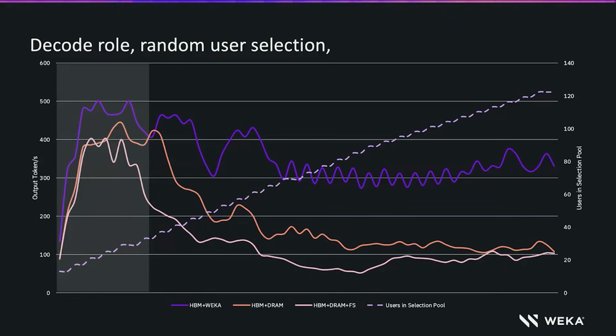So we have to pull back our concurrency a little bit. The system does that automatically, the benchmarking tool. But then once we've got down to the steady state, all 3 start to level out a little bit. But the main difference is that once you get down to that steady state, we can maintain that at a much higher amount of users, at a much higher amount of output tokens.